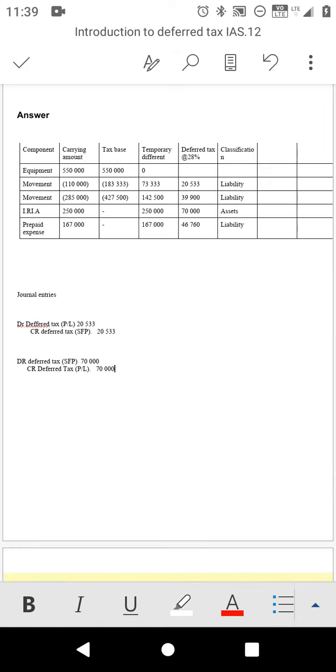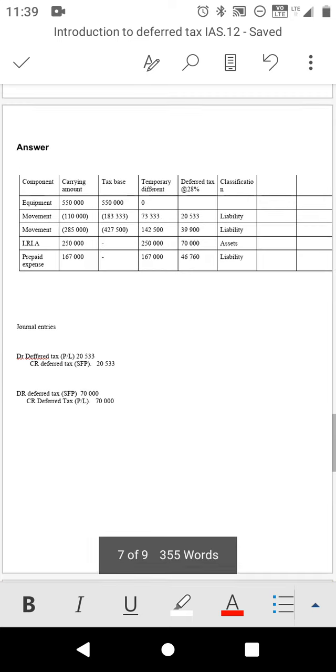So this is how you should compile your deferred tax journals.